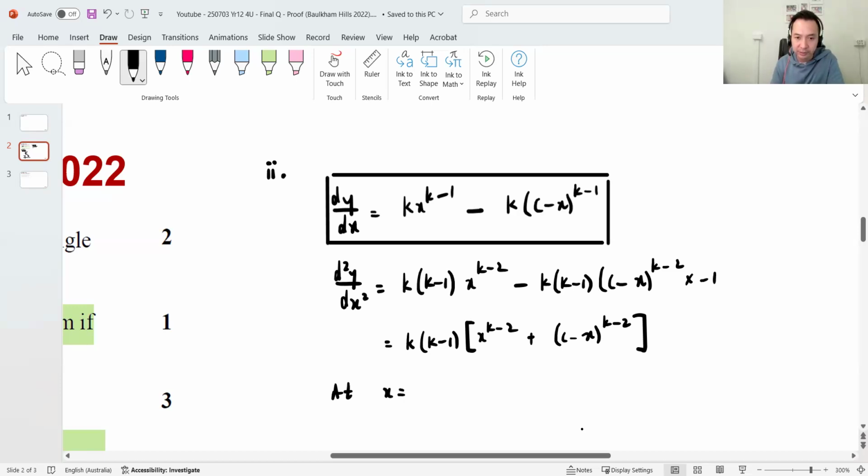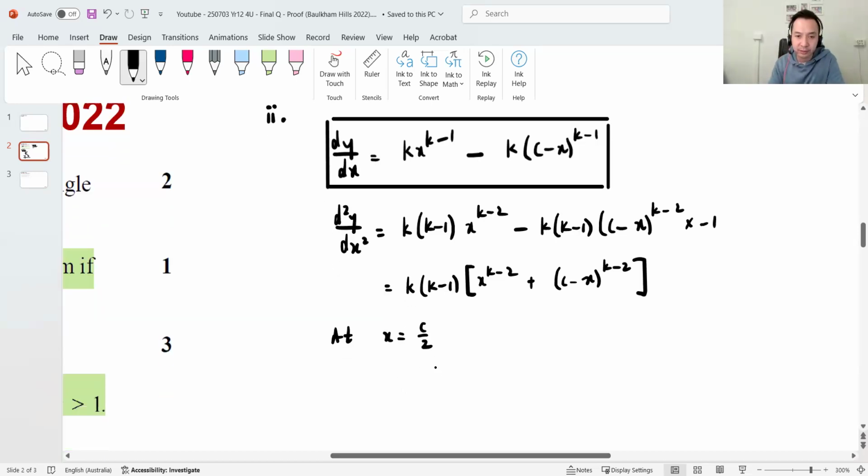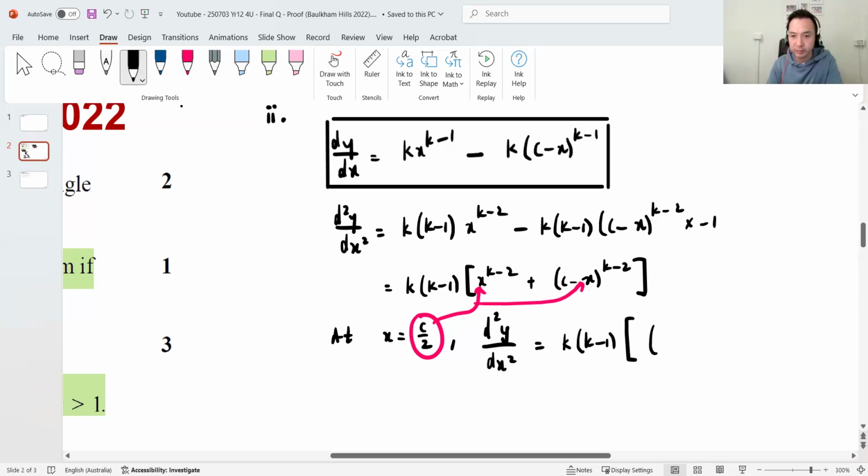So therefore, at x equals c on 2, when the turning point is a stationary point, I get the second derivative equals to. So if I sub this into the x value there and there, I get k minus 1, c on 2 to the k minus 2, plus that's c on 2 as well, to the k minus 2.